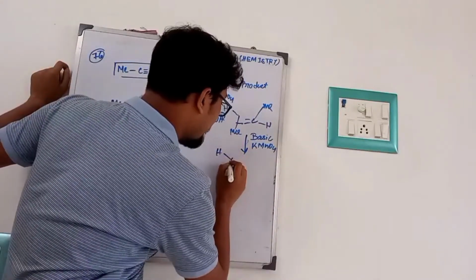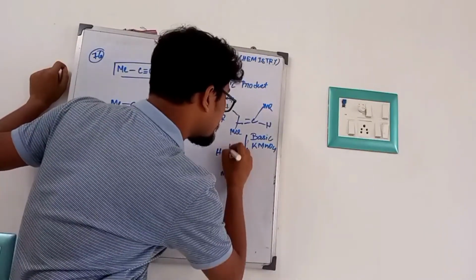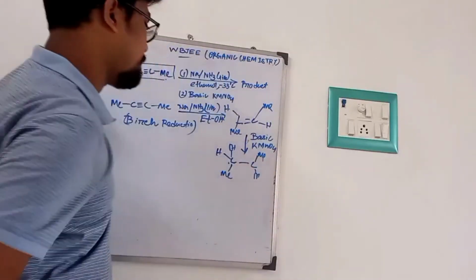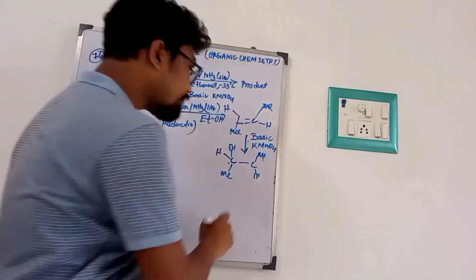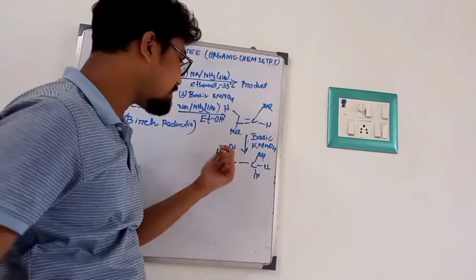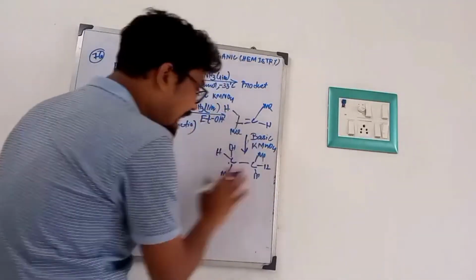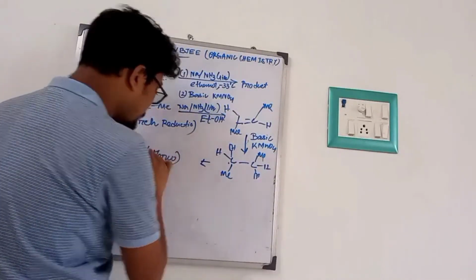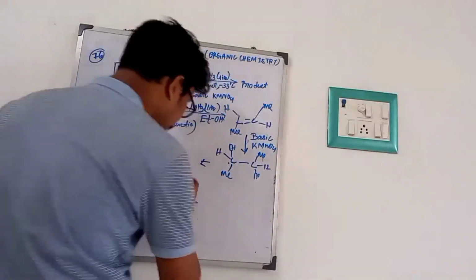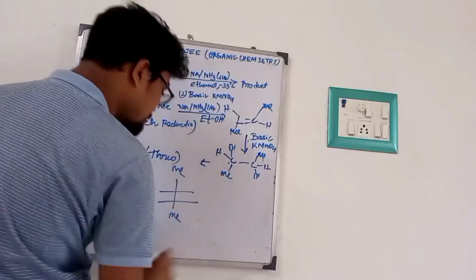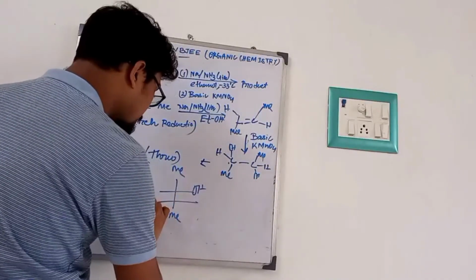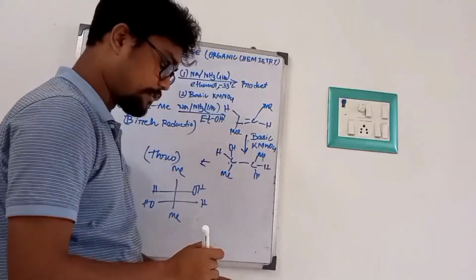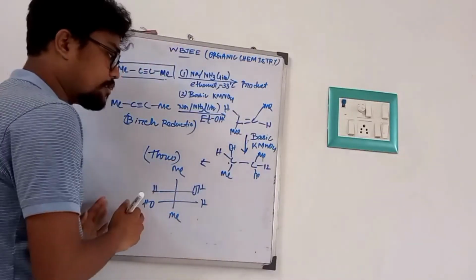If we have syn addition, then we get the product like that. That means after the syn addition, we get our product: the methyl groups are in a certain arrangement, then OH and H are in different positions. That is a stereoisomer, not an isomer.